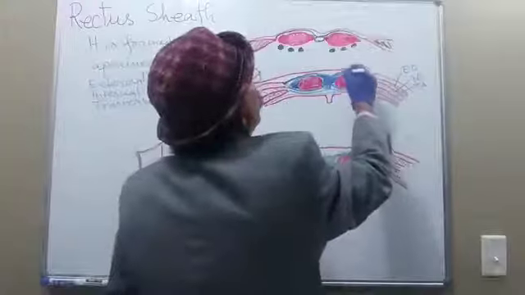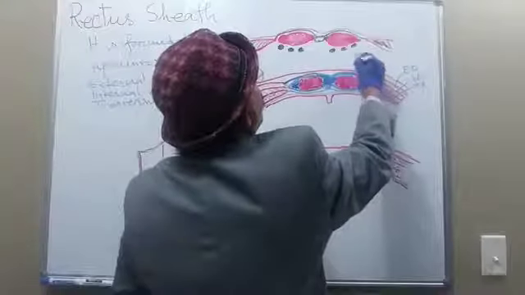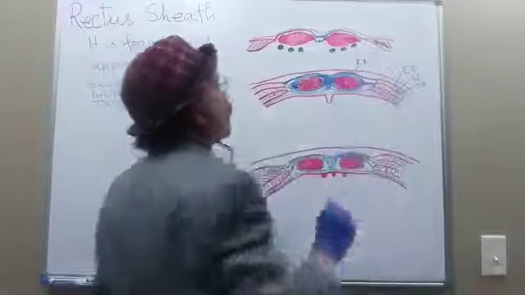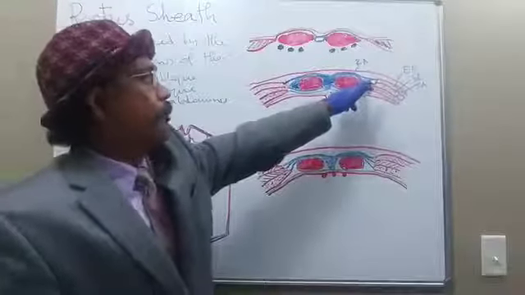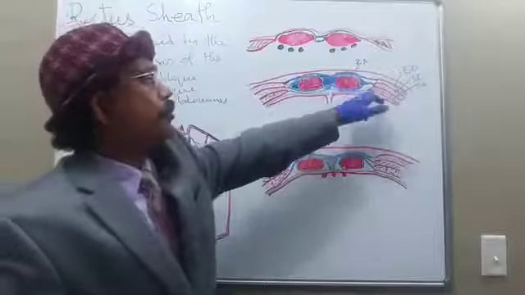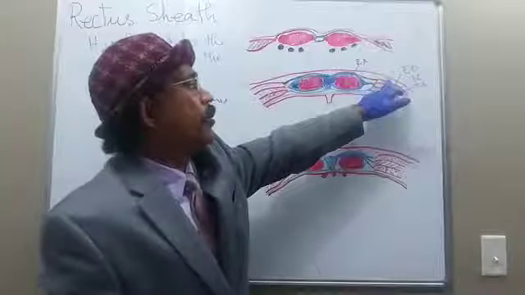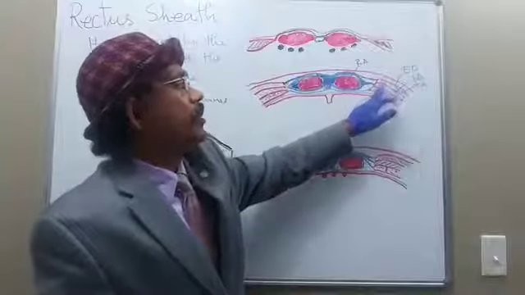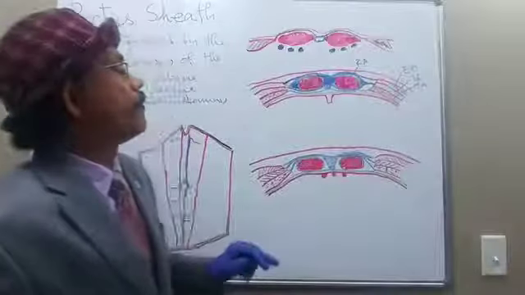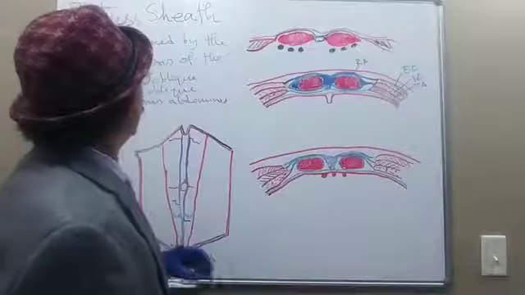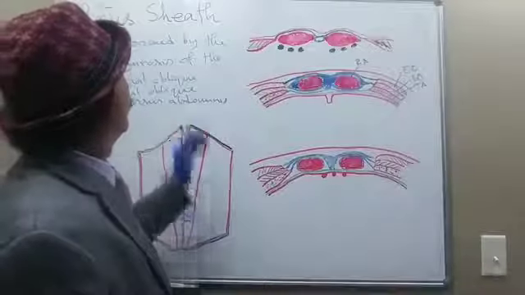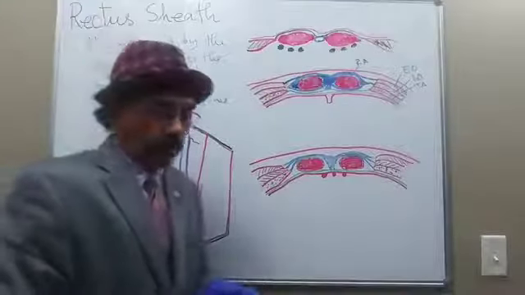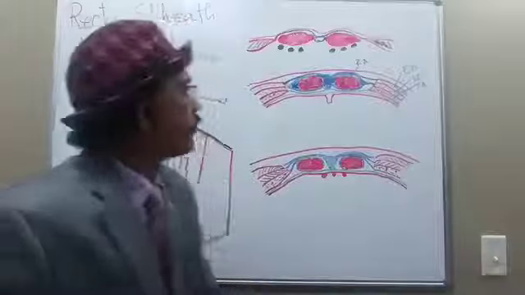So this is the rectus abdominis muscle, and this is covered by the aponeurotic sheath. That aponeurosis is coming from the external oblique, internal oblique, transversus abdominis. Okay, so we got the contributors for the formation of the rectus sheath.